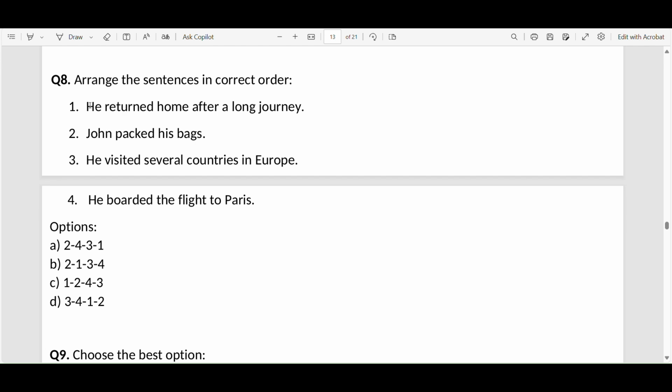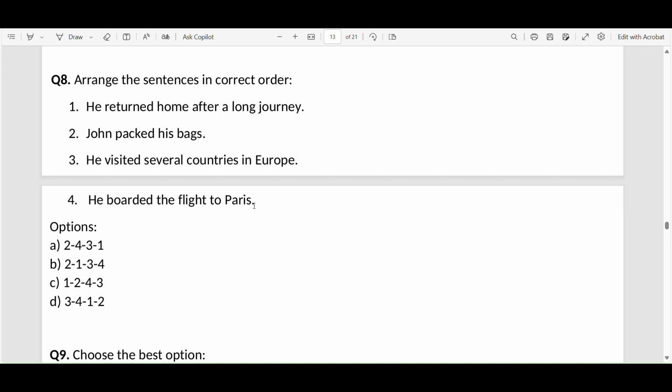So the first sentence is, he returned home after a long journey. And in the second sentence we are having, John packed his bags. And in third one, he visited several countries in Europe and he boarded the flight to Paris.